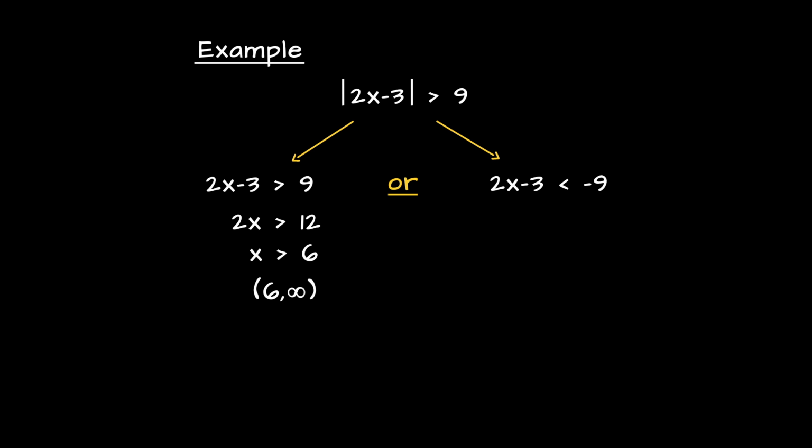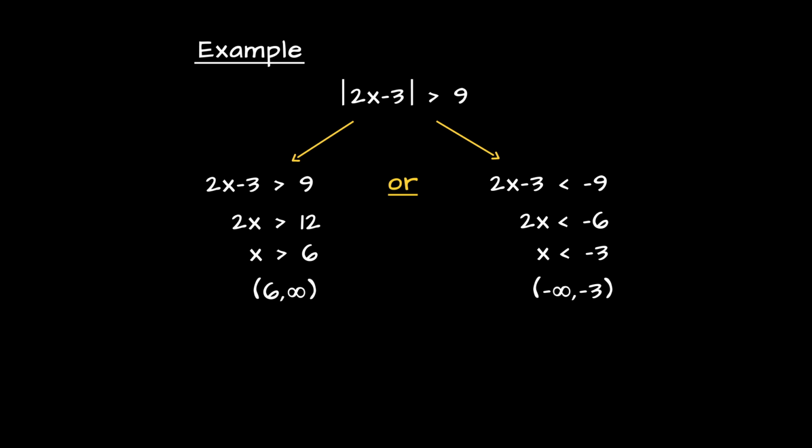Then moving over to the right, we can add 3 to both sides of the inequality once again to obtain 2x is less than negative 6, so that x, after we divide by 2, must be less than negative 3. So the solution set here will be the open interval from minus infinity to negative 3.